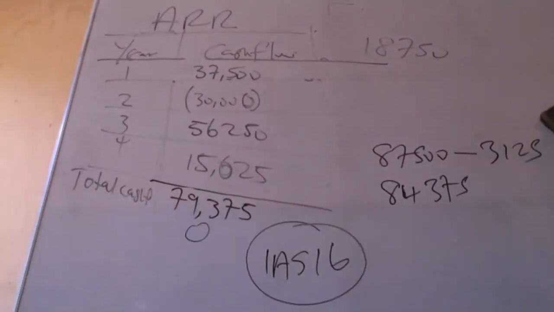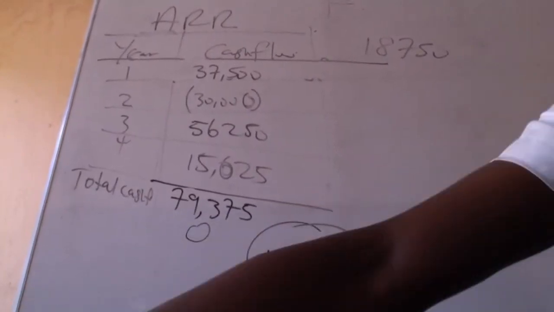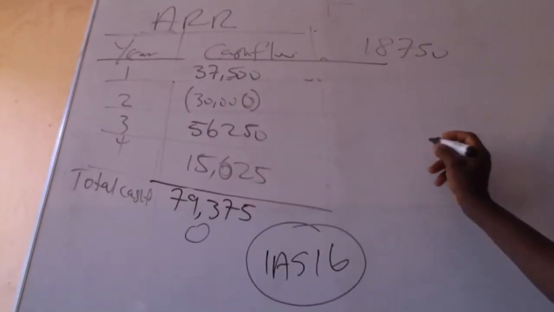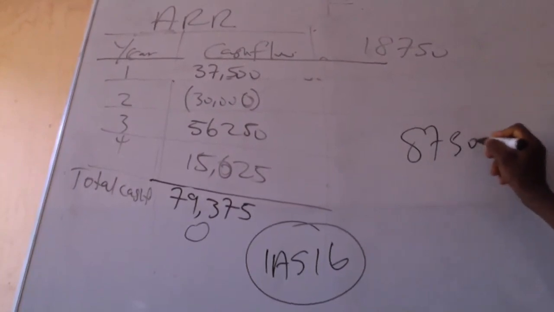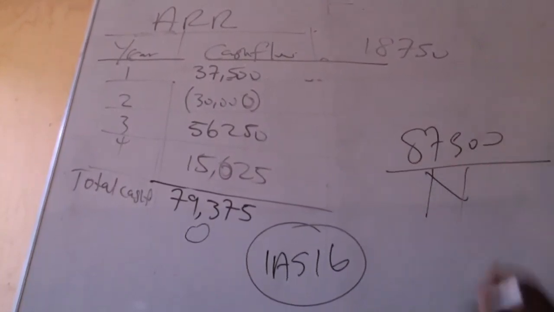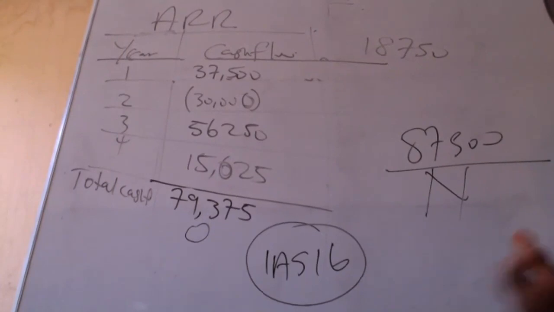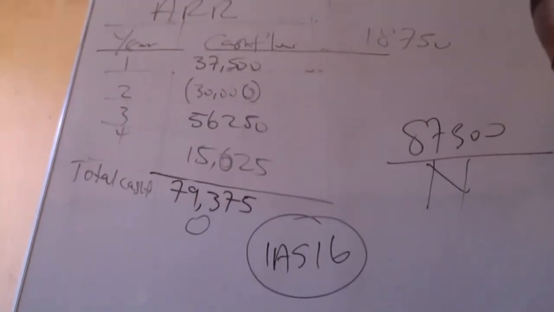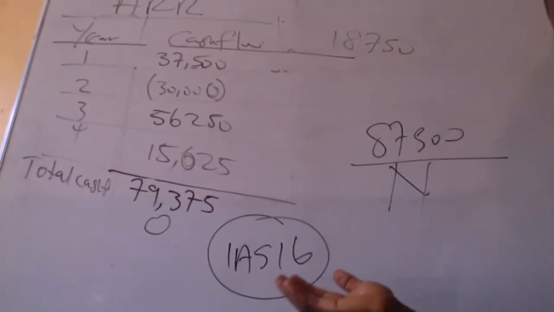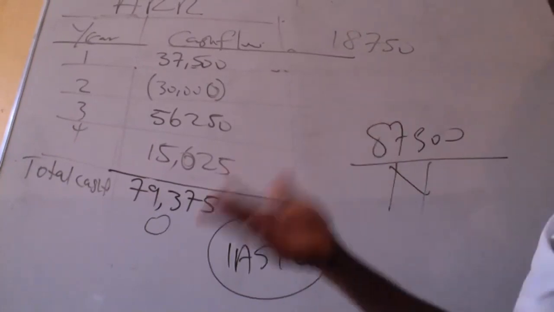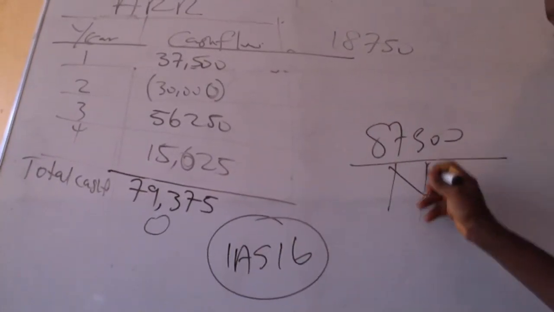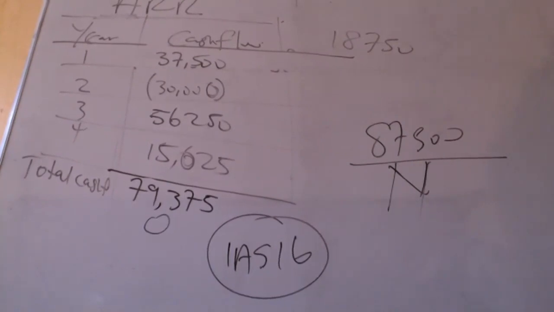Depreciation simply means we are spreading the cost of the asset, so the 87,500, over the number of years of life. And trust me, land does not have a useful life. Land is infinity, to the end.